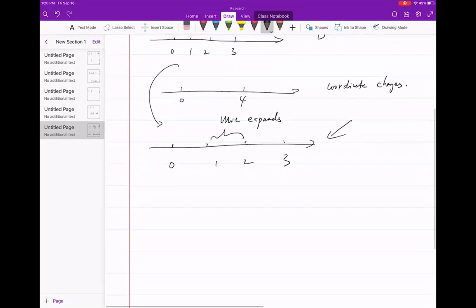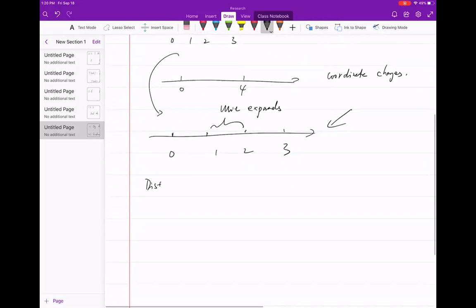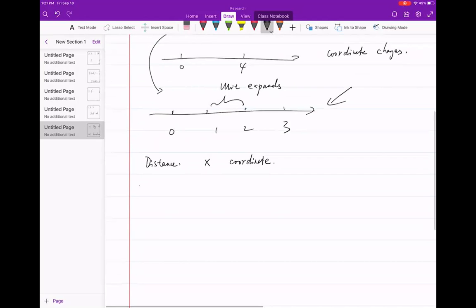All right. So let's take some distance. That's x, by coordinate. Now the real distance, we name it x times d, where d is actually the length of the unit. Okay. Oh, real distance is d. Okay.